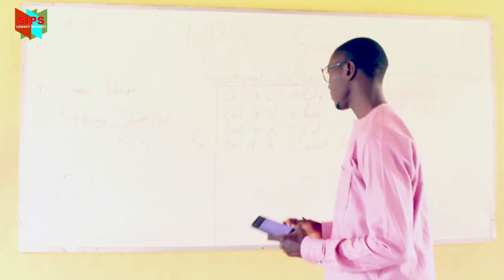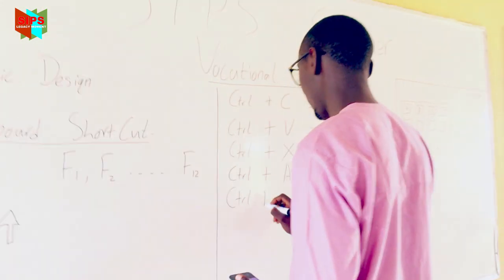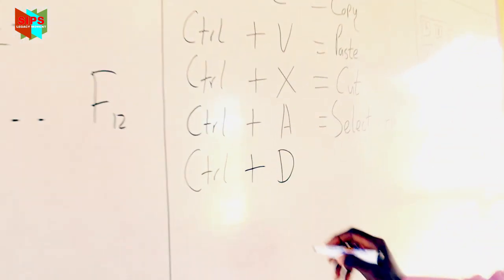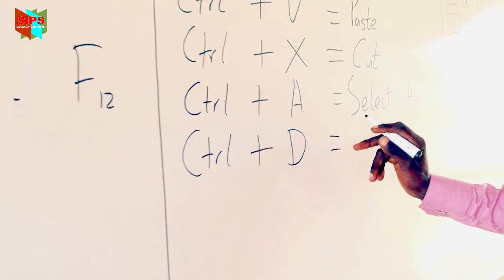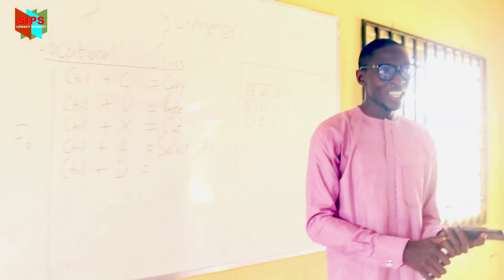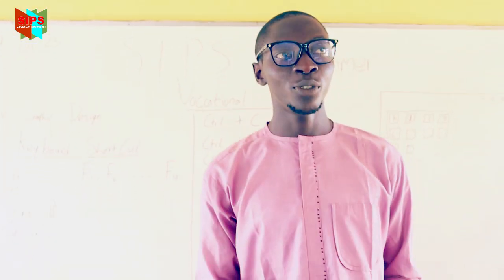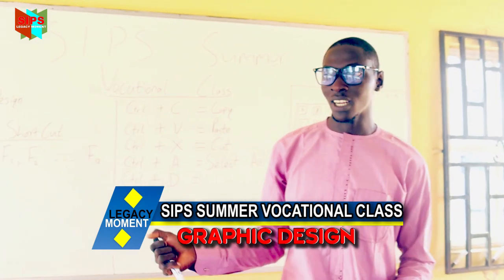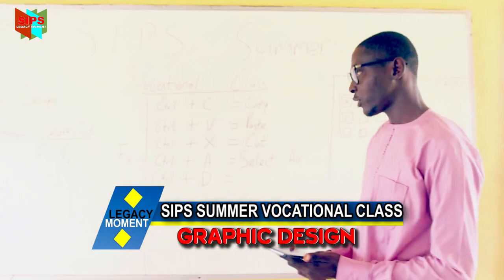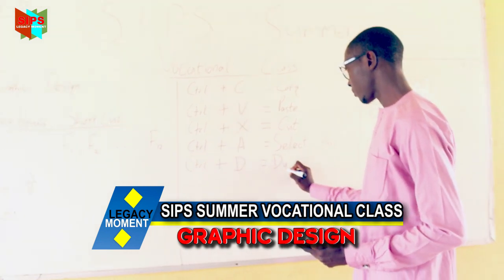And there's still another shortcut, Control D. This one does not work with the computer interface. It works basically with a software application, which we'll be using for the course of this graphic design, and it's CorelDRAW software. So this function is to duplicate.